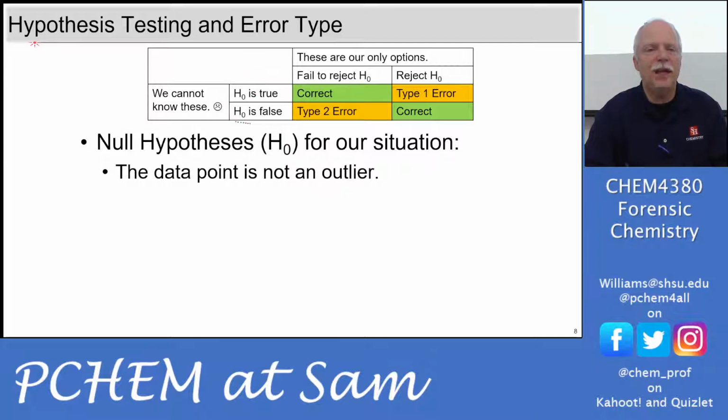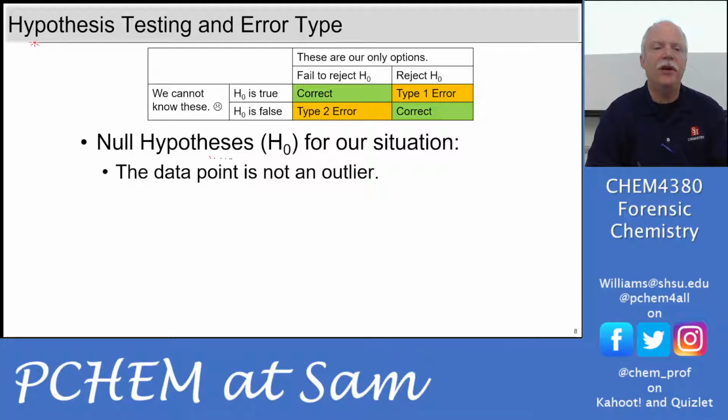And what's interesting is we can't know the truth. We can only know what our statistical tests tell us. So it's sad that we can't know whether our null hypothesis is true or false. We can do a statistical test, and we have criteria for whether we reject the null hypothesis or fail to reject it. So we're sort of trying to reject it.